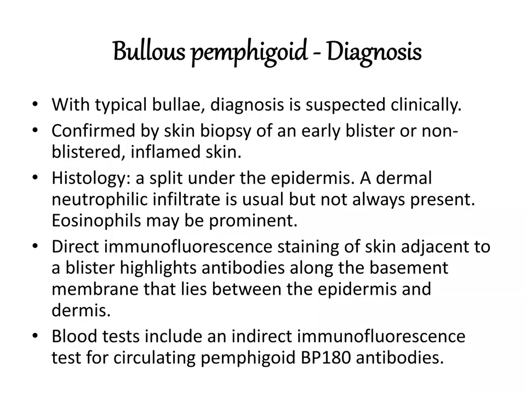So the diagnosis. Clinically we have to suspect. Initially they come to us, and the biopsies, immunofluorescence and those things take time. So initially we have to suspect clinically depending on the clinical features. Then it is confirmed by skin biopsy sent for histology, which will show a dermal neutrophilic infiltrate, and eosinophils may be prominent.